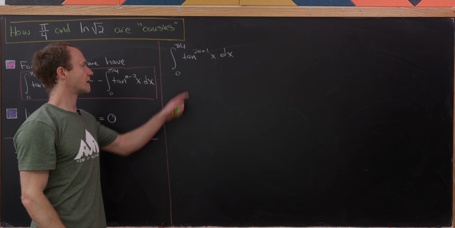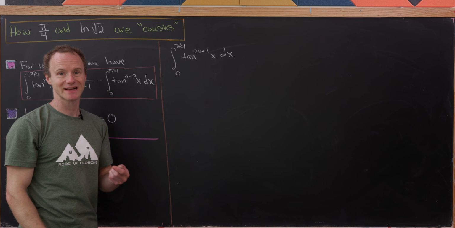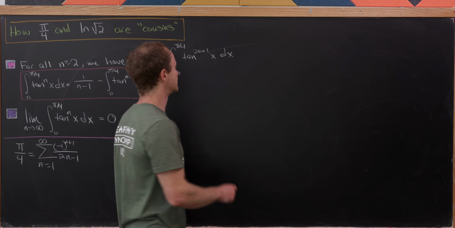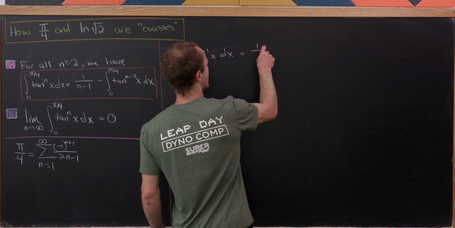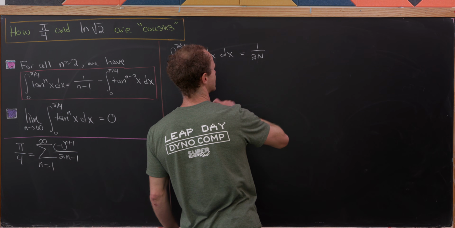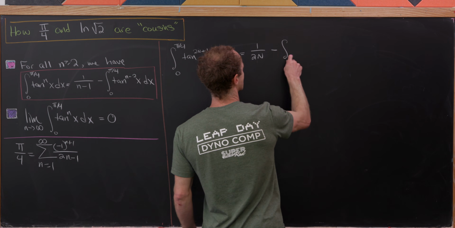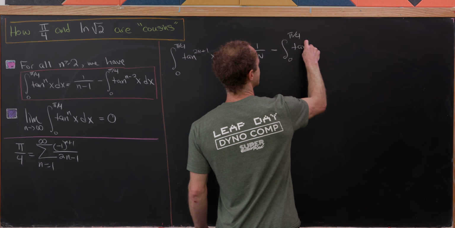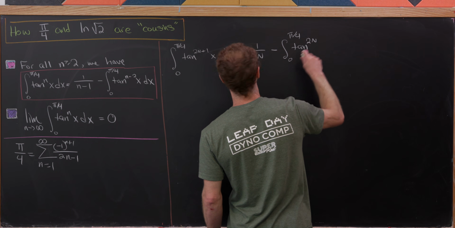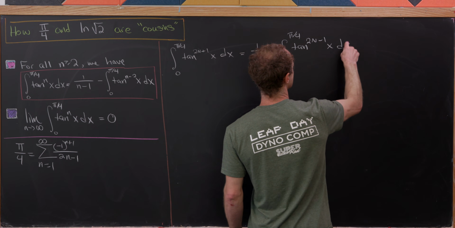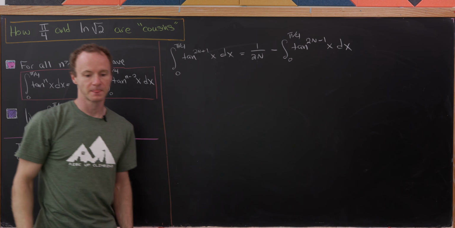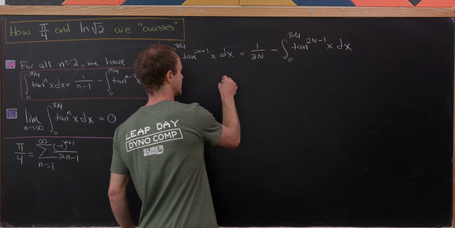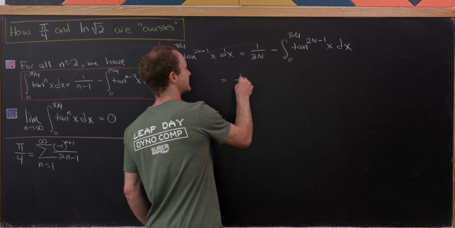Okay, so now we're starting with an odd power of tangent here, like I said we would. And, well, we're going to play this rule again. So that's going to give us 1 over 2 times capital N minus our integral from 0 to pi over 4 of the tangent to 2 capital N minus 1 of x dx. Well, and now we're going to do this again and again and again. So the same kind of thing is going to happen.